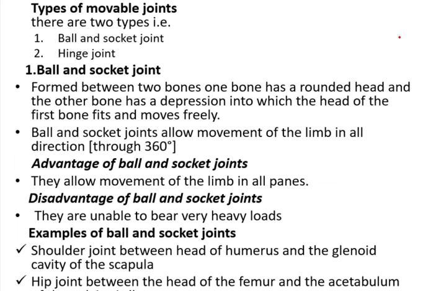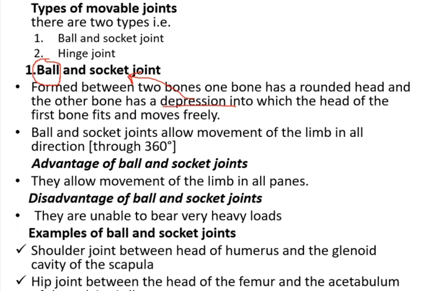Just like the word, one bone has a round head which is like a ball, then the other bone has a depression here which acts like a socket onto which the ball enters. That's why I call it a ball and socket joint. The advantage of ball and socket joints: they allow movement of the limb in all planes.